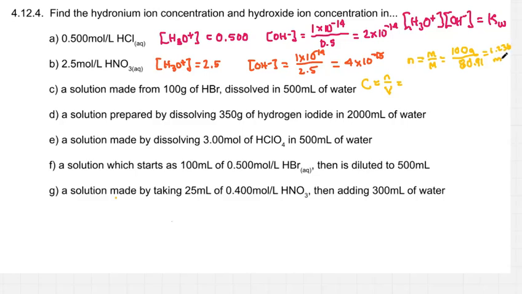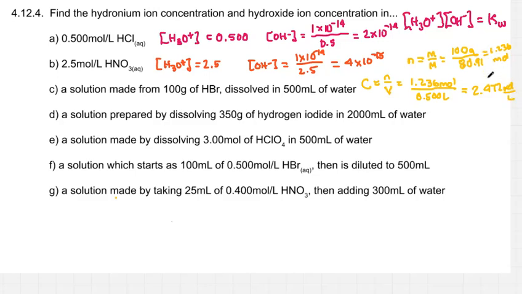We have 1.236 moles of HBr, which means our concentration is 1.236 moles divided by 0.500 liters. Concentrations are supposed to be in moles per liter, so this milliliters thing is no good. Divide this by 1,000 to get liters. Dividing by 0.5 is like multiplying by 2, so we're going to get 2.472 moles per liter of HBr.